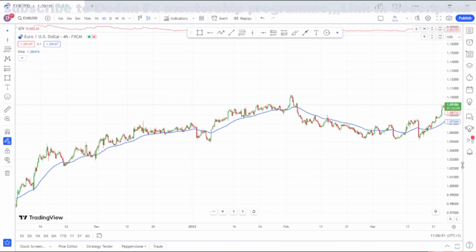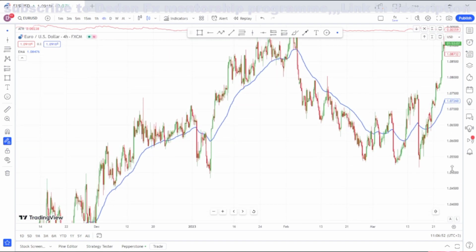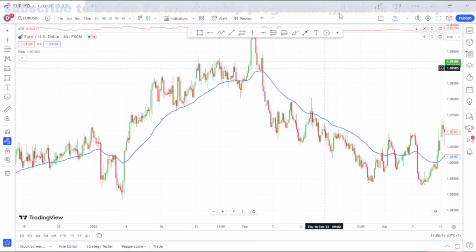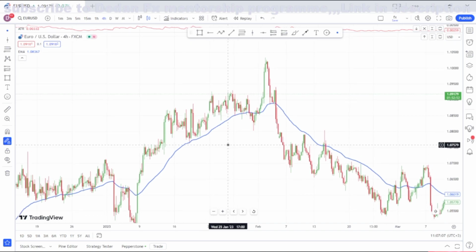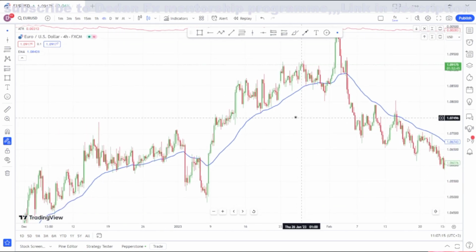So my strategy is based on trend, and in the same way as you have seen in my previous videos, I have basic rules for every strategy that I use. For any strategy that I take, any trade I have, I always have rules.